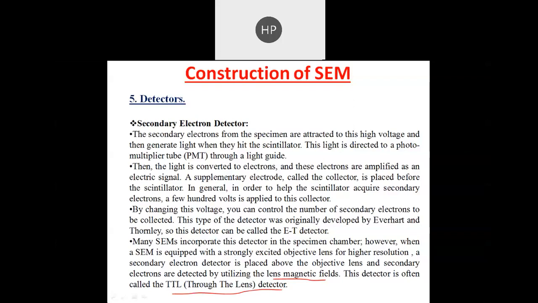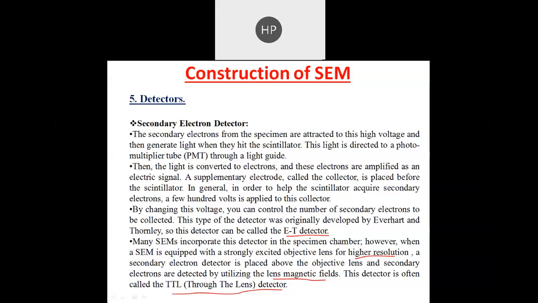So this is the second arrangement you can use. First, you can place the ET detector in the specimen chamber, but when we require a higher resolution, okay, so how is that higher resolution obtained?